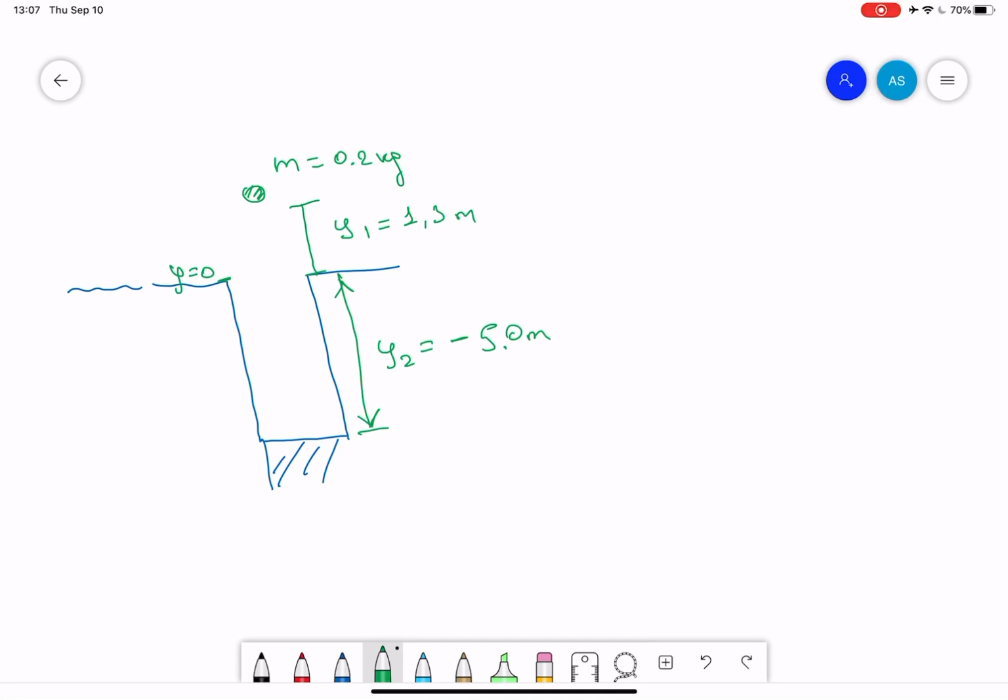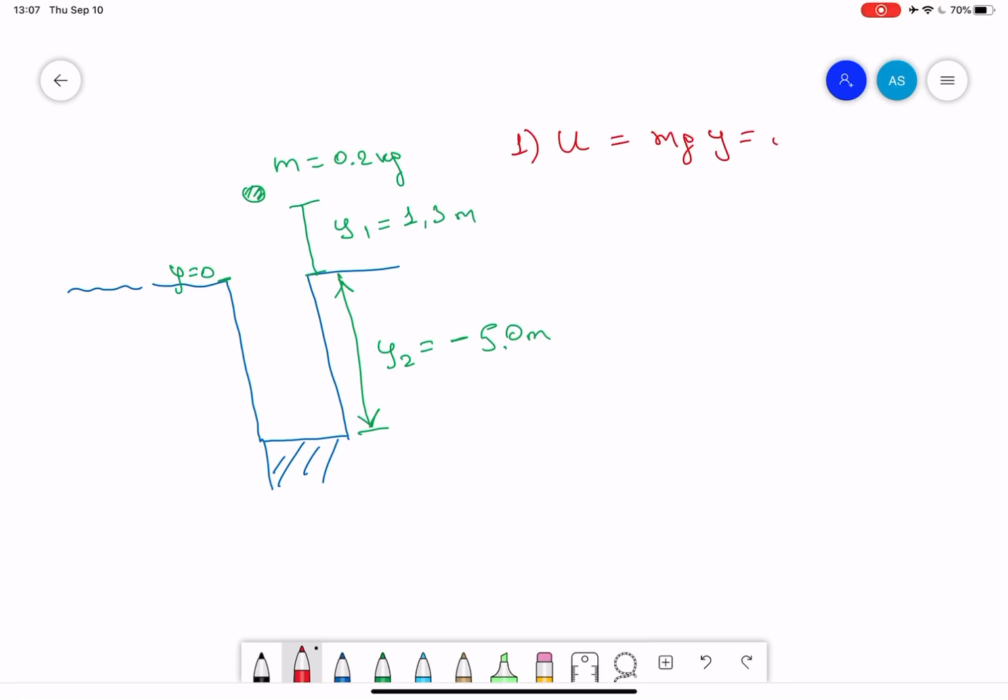Okay, now first of all we have to find what will be the potential energy. So potential energy in the first case, when y1 is equal to 1.3 meters, has the formula mgy.